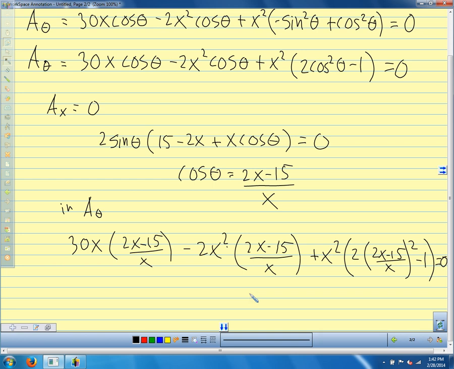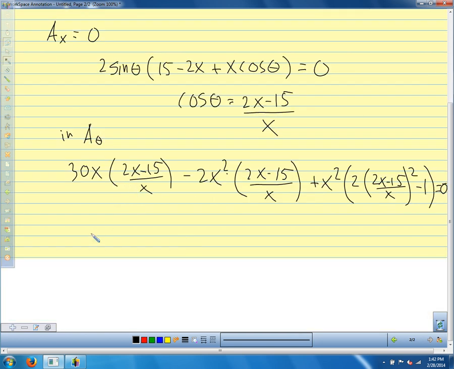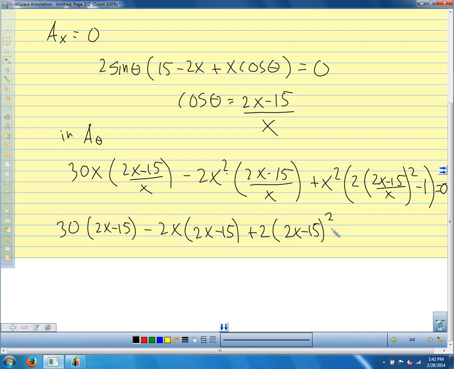So now I just have an equation that only involves x, and this will let me solve for x. So I'm going to simplify this a little bit. When I simplify this, I get 30 times 2x minus 15, minus 2x times 2x minus 15, plus 2 times 2x minus 15 squared, minus x squared equals 0.